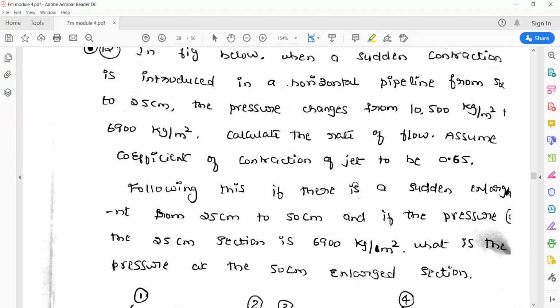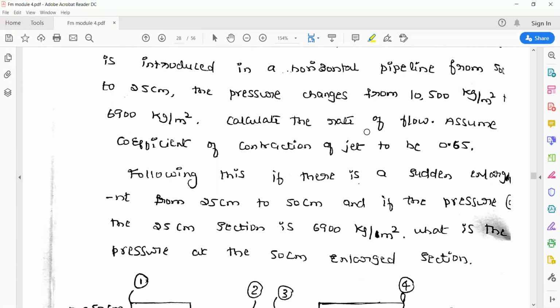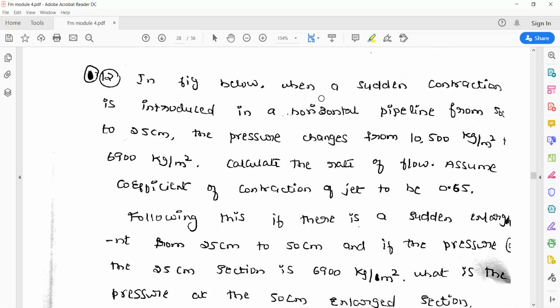So they have given the diagram in the figure below. When a sudden contraction is introduced in a horizontal pipeline. In the previous numerical, we had discussed sudden enlargement. In this, we can discuss sudden contraction.